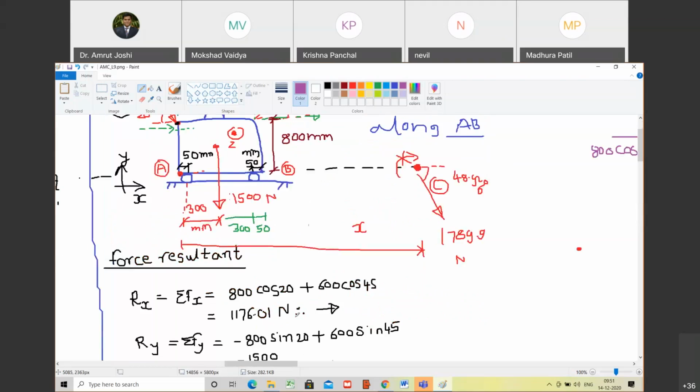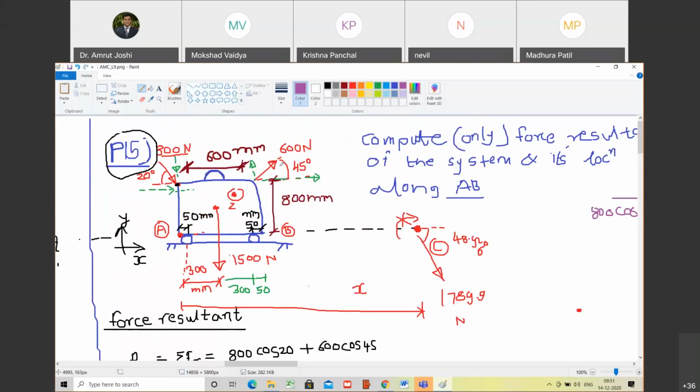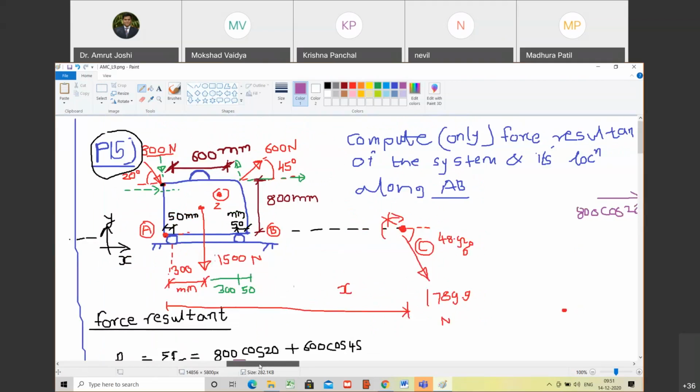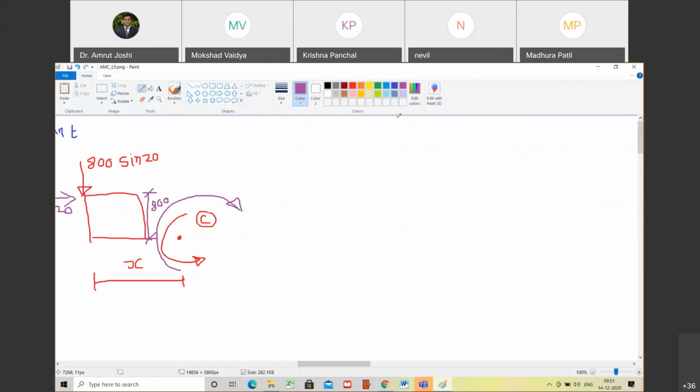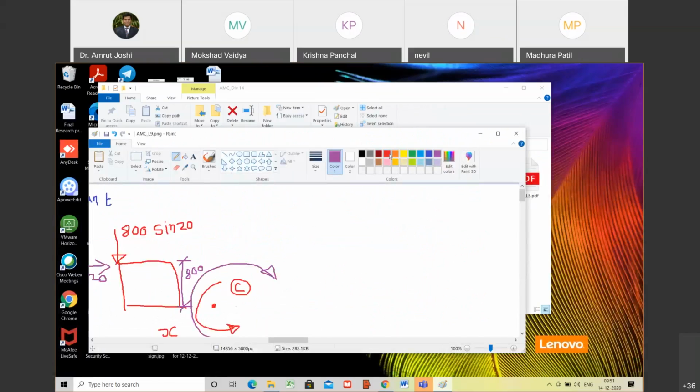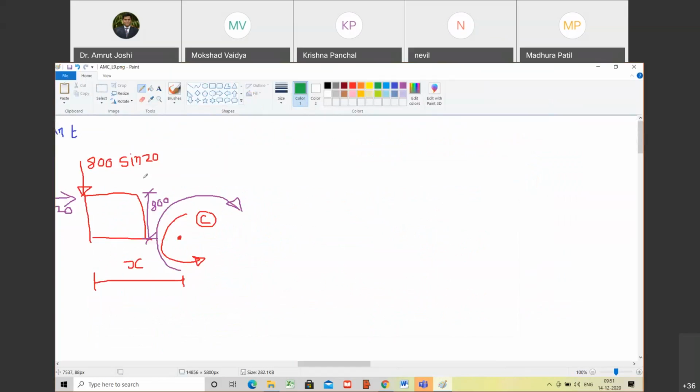Okay. चलो अब which is the next component? Next component is 600 का vertical component. So how much is that? Tell me. 600 sin 45. Very good. And where should I show it? Upward. It is to be shown.